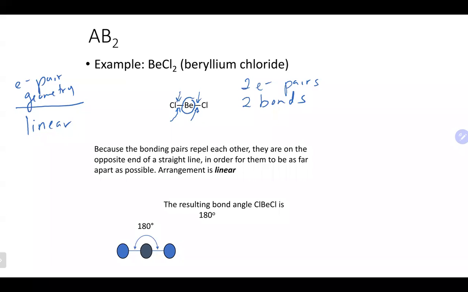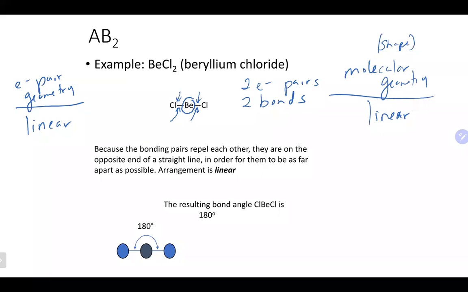Because there are only 2 bonds, they end up on opposite ends of the central atom, basically 180 degrees apart, and the molecular geometry is also known as linear. So they are both linear, the names here.